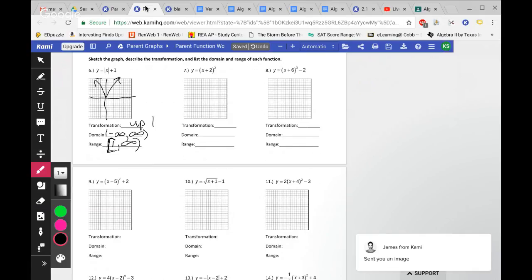Okay. And then let's see, the transformation on number 7. Left 2. And the domain, it's quadratic, right? Yes.